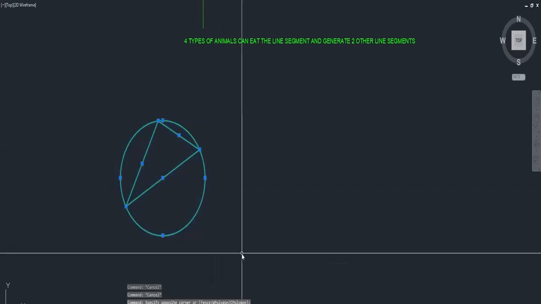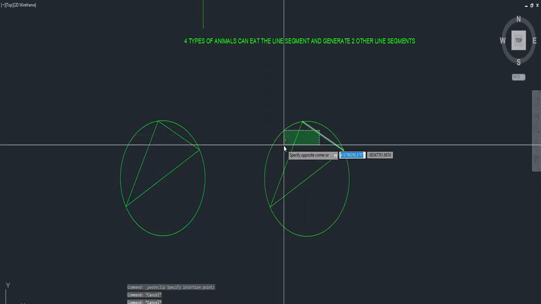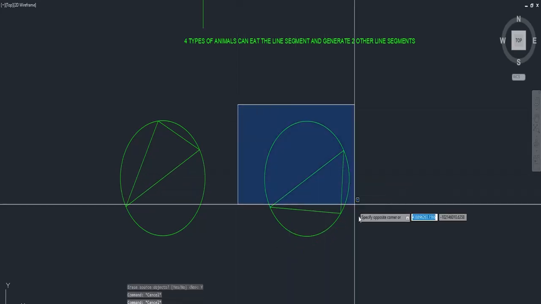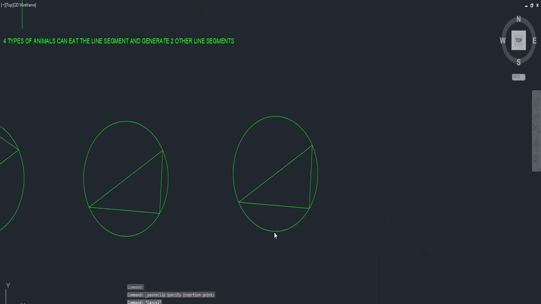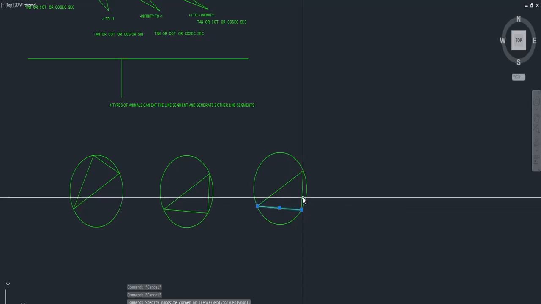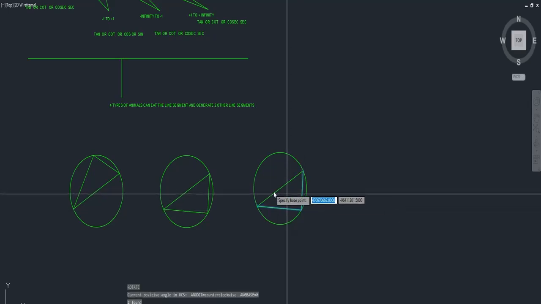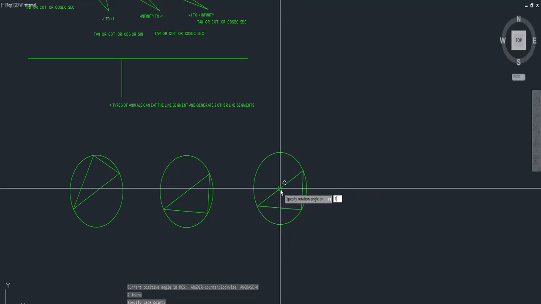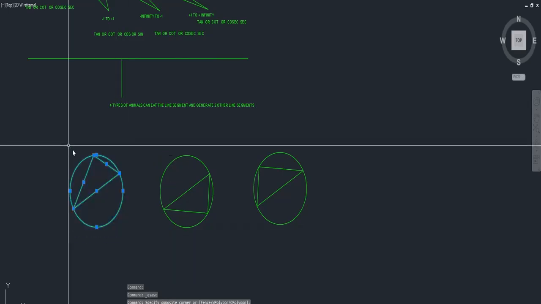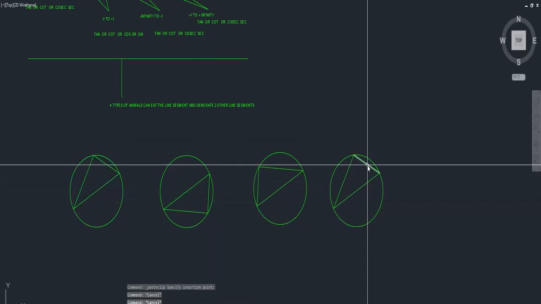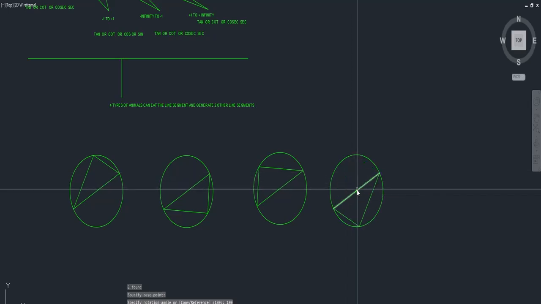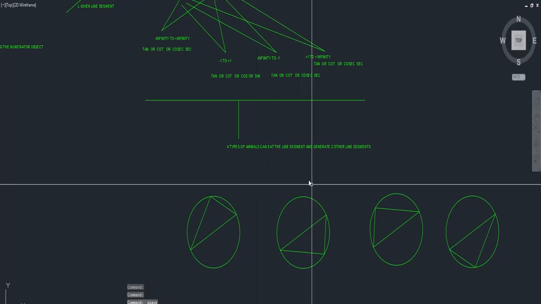This one is one symmetry, this one is another symmetry, and this one is another symmetry where it's rotated 180 degree, and this one rotated 180 degree gives another symmetry. So 4 possible symmetries are there for every such animal eating.